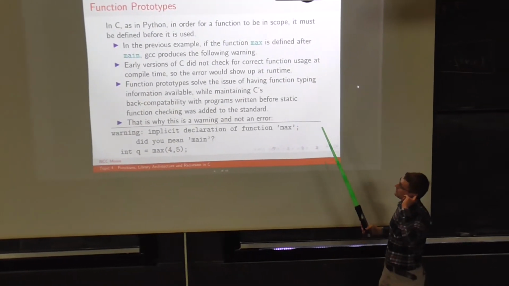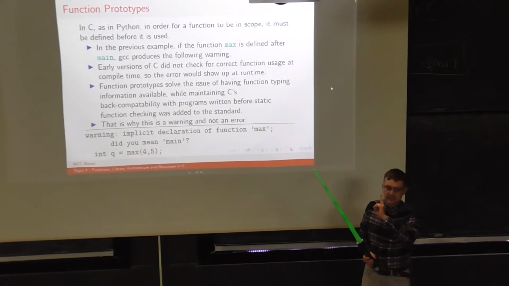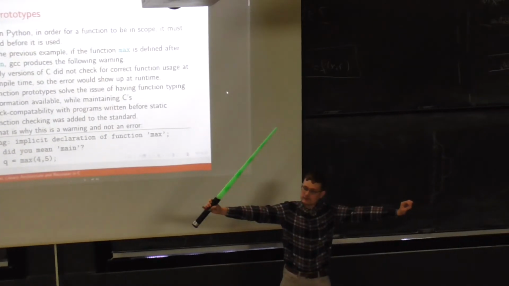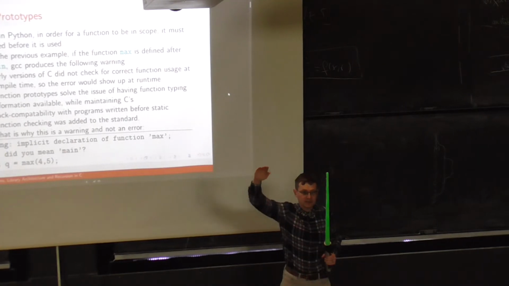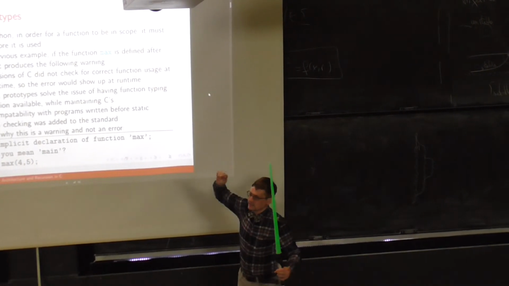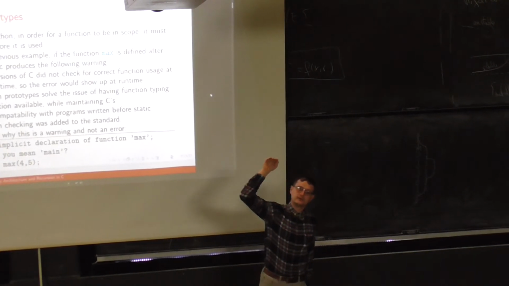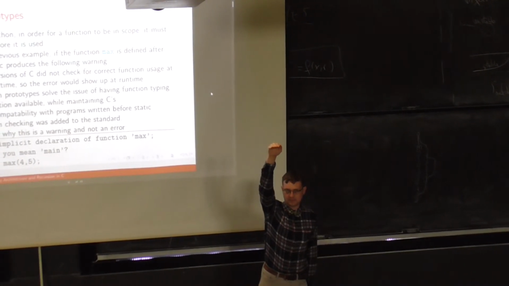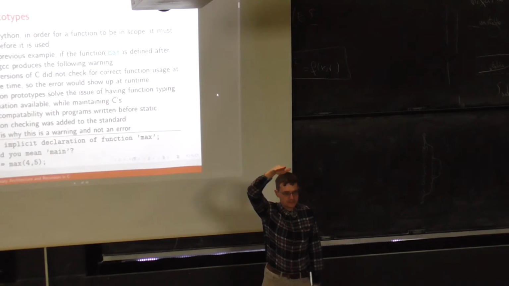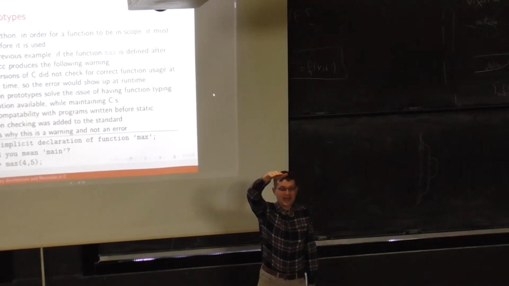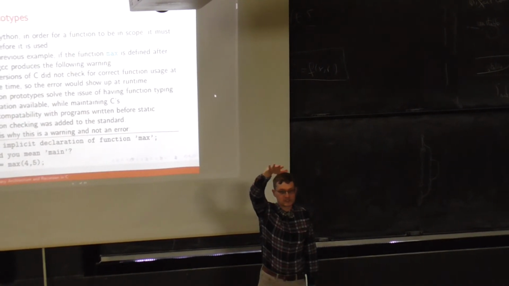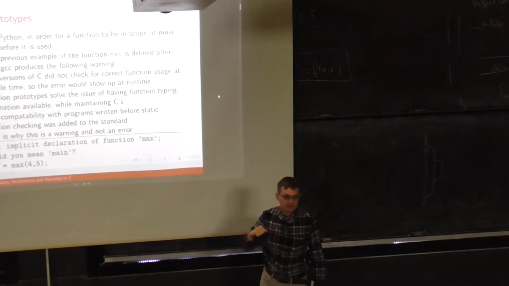So, what a function prototype is: you take the first line of the function, and rather than opening it with a curly brace, you put a semicolon at the end of it, and put that at the top of your file. That declares the interface of the function, and allows that function to be used anywhere past the prototype.